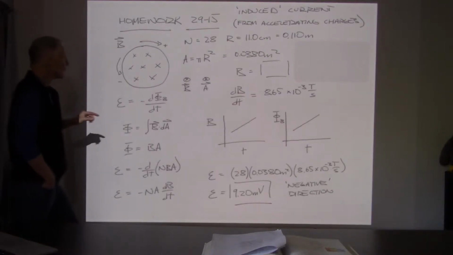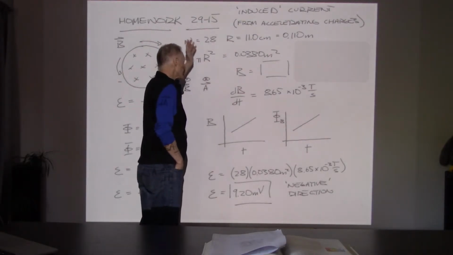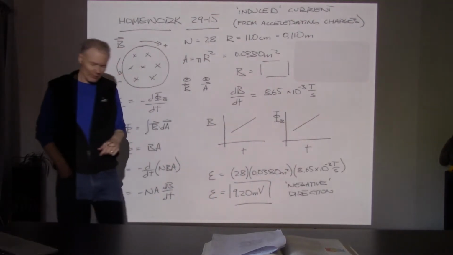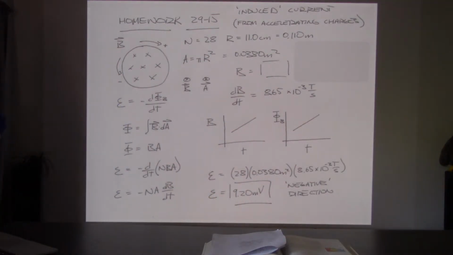And then the last thing we had to put in was the dB/dt, and that was given. So I plugged that in, and it's telling us that the EMF that we have set up in these 28 loops is 9.20 millivolts, and each loop independently would be 1/28th of that EMF.